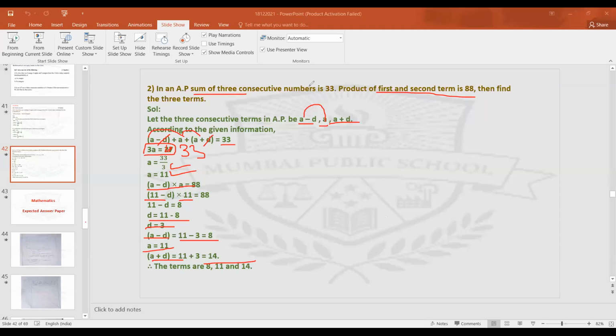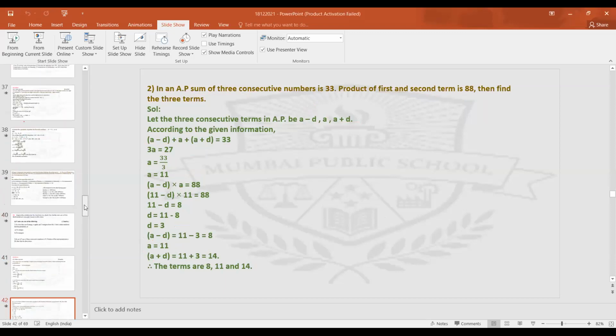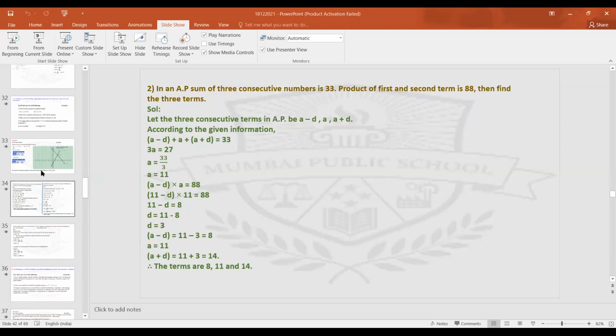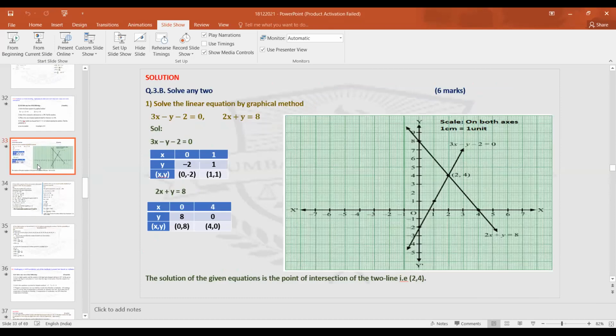Other one. Okay, wait. Okay, this one, the linear equation or the other question? Other question.